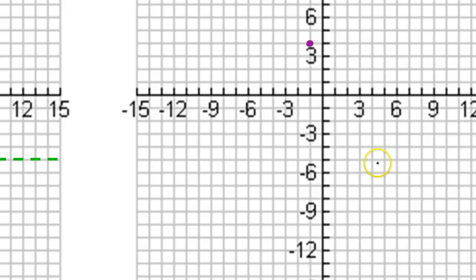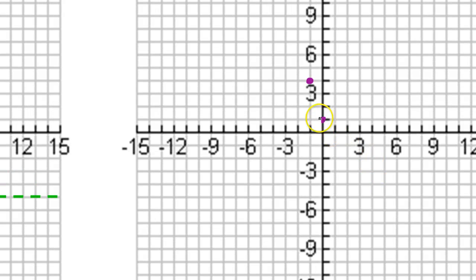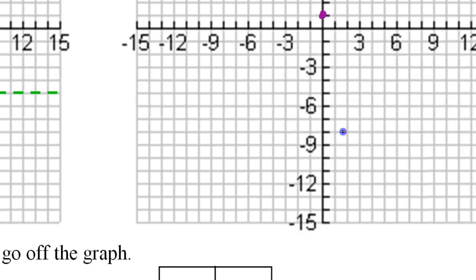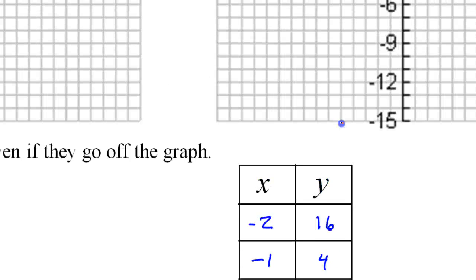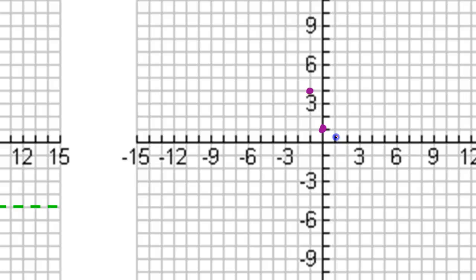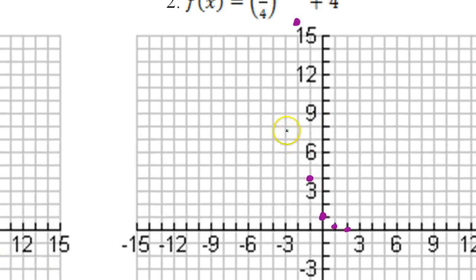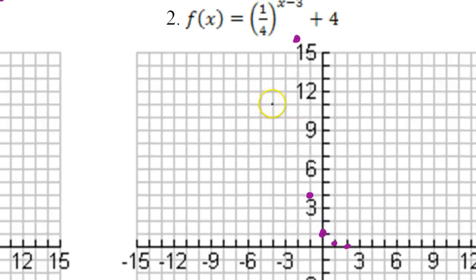Zero, 1, one, 1/4, and 2, 1/16. Alright, so 1, 1/4 is going to be very low. But 2, 1/16 is going to be so low, it's going to appear to be at 0. Alright, so this is our skeleton.